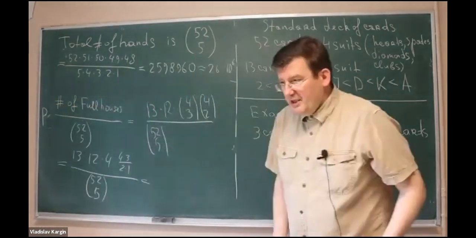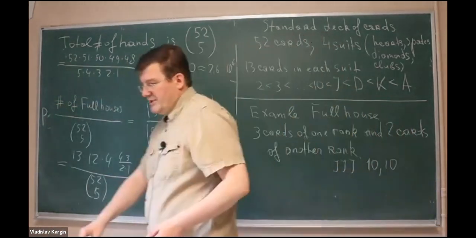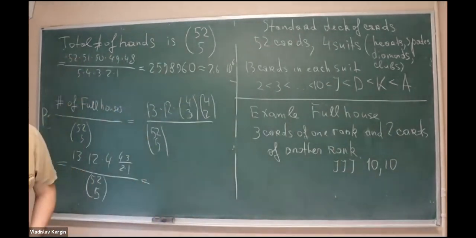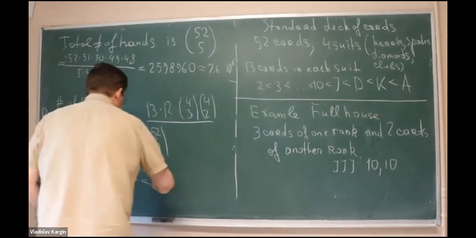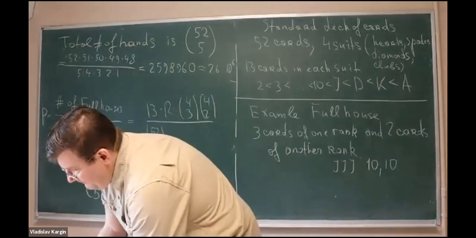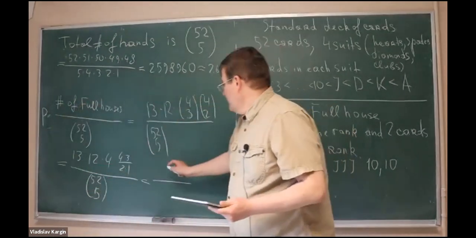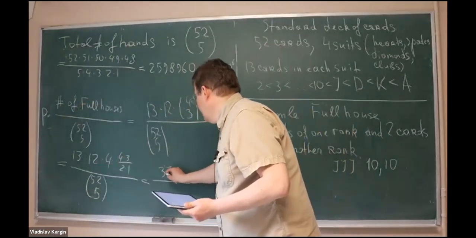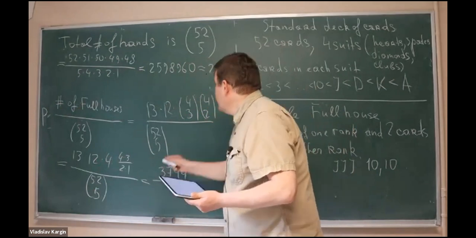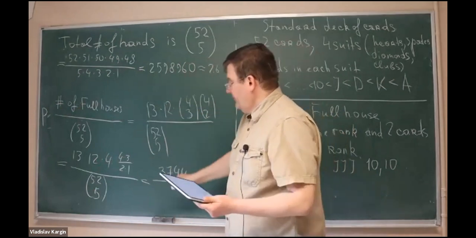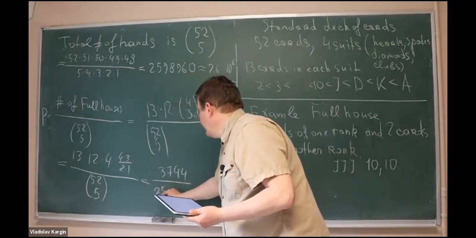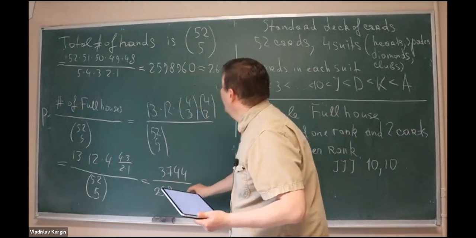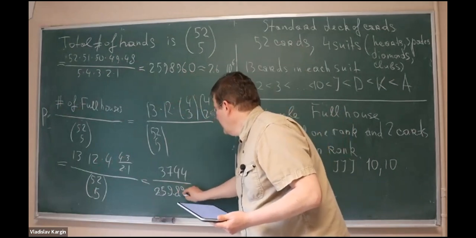If you do this, you'll find that this thing is equal to 3744 divided by 2,598,960.